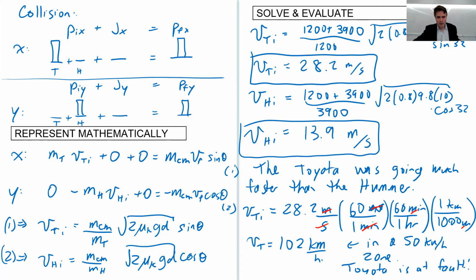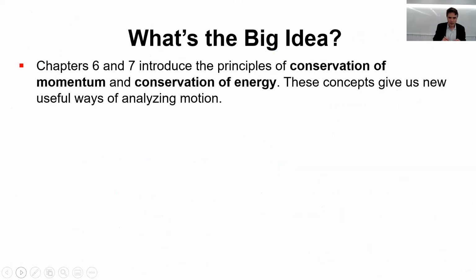Okay. So I'm going to keep going and kind of get on my way into chapter 7, I think. The big ideas of both chapter 6 and chapter 7 is introducing these conservation laws, and they're very, very fundamental in physics.